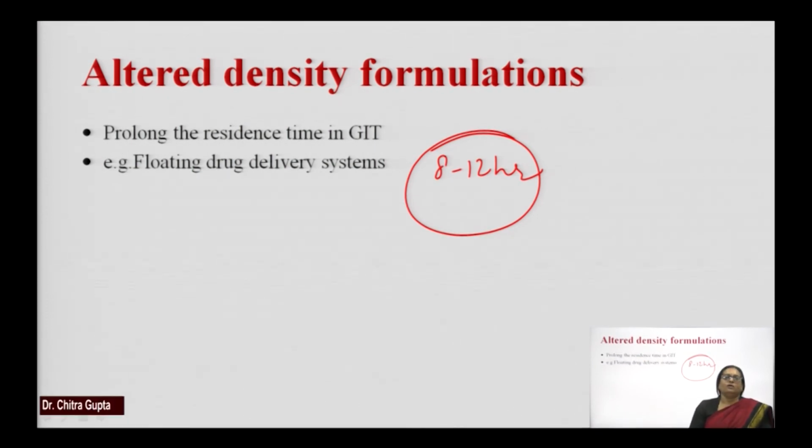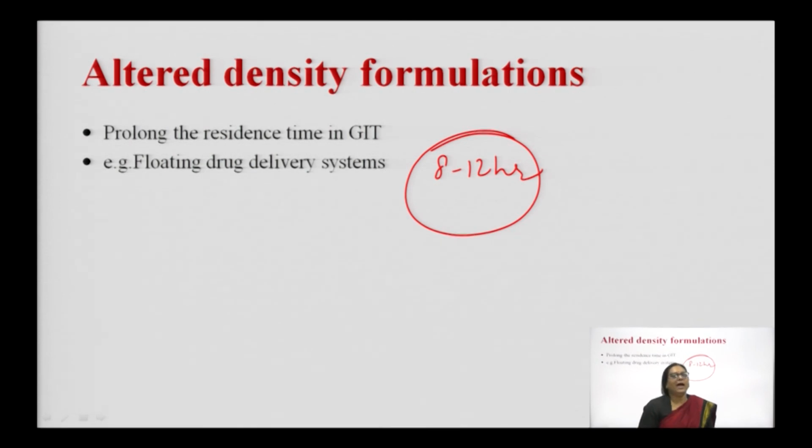What do we do? We prolong the residence time of the dosage form in the body by formulating it as altered density formulations, and one of the approaches is floating drug delivery systems, such that the drug delivery system will float on the surface of intestinal fluid and will slowly release the drug and will remain there for a longer duration of time, more than 8 to 12 hours.